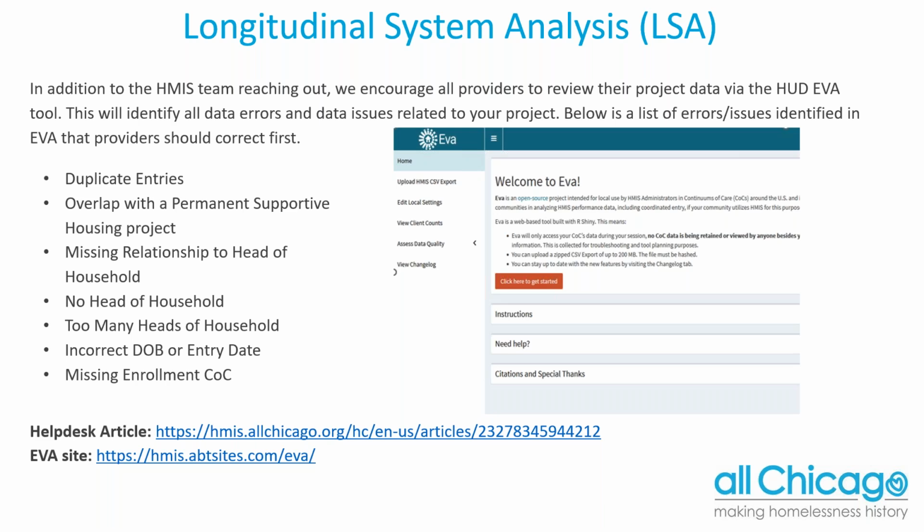If that's missing, that's a problem that EVA identifies, and it's a problem in the LSA submission. There are two help desk articles highlighted at the bottom: one generated by us, and then on the EVA site, there is a manual and other help information at that URL.